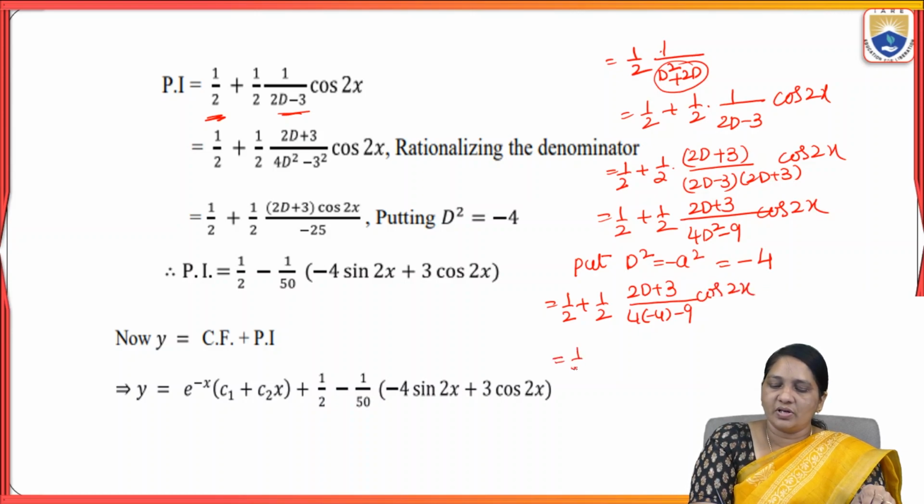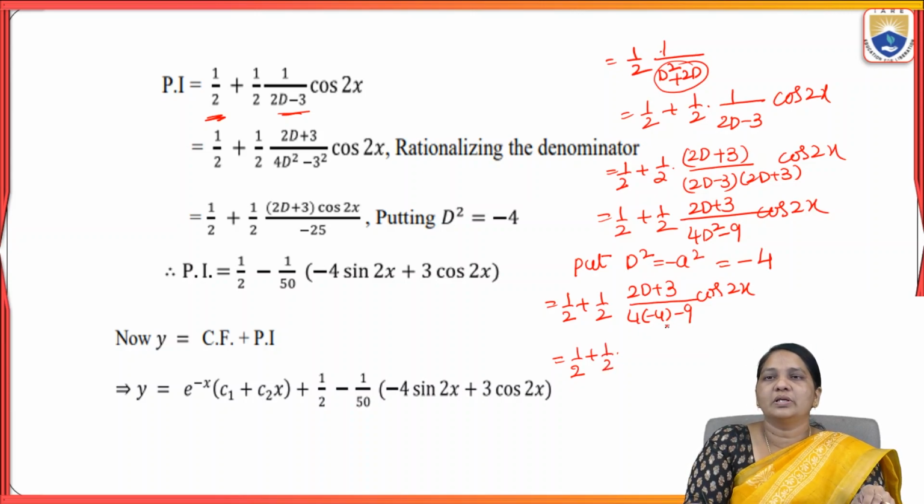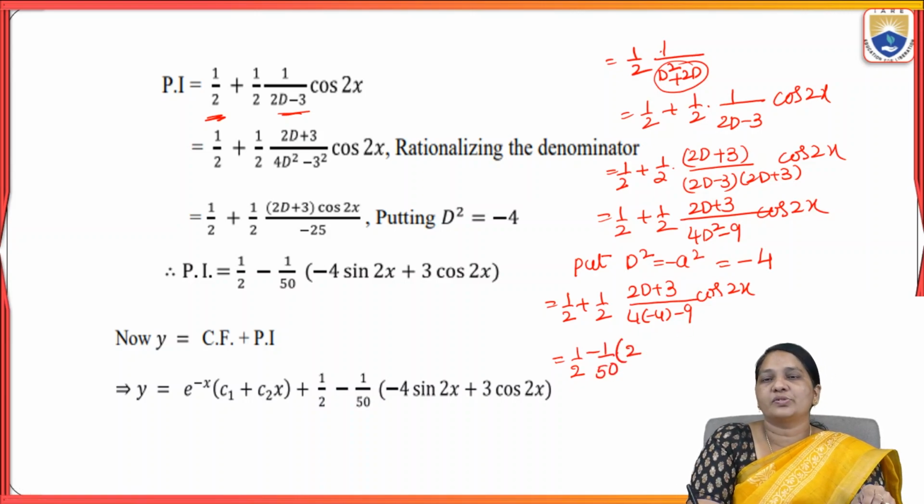So finally this value is 1 by 2 plus 1 by 2 into, here, minus 16 minus 9, so minus 25, and one more 2 also there. So this is minus 1 by 50 and 2 into the derivative of cos 2x. So this is into 2 will come. So the derivative of cos 2x is minus sin 2x, plus 3 into cos 2x.